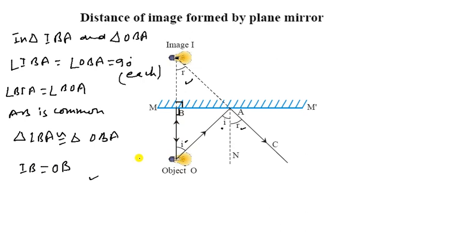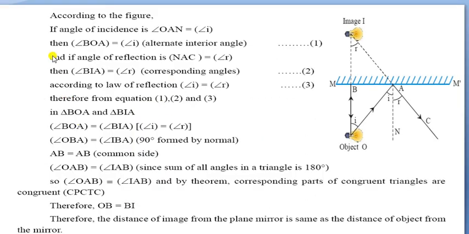So you can see here, it is discussing the distance which is equal, but how can you write it in your copy? Let us see. According to the figure, this is the figure which I explained before.